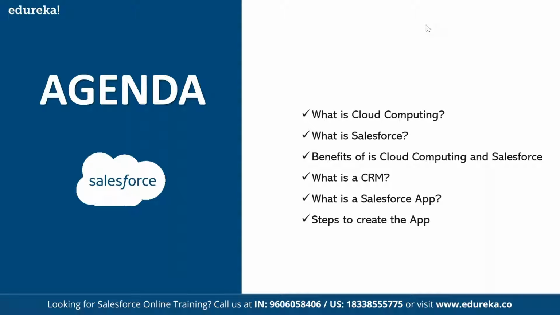This is how a Siebel system would work. The main drawback of an on-premise system is that a lot of time and money has to be invested upfront. When you come across Salesforce, that is an on-demand cloud-based CRM, which is called SFDC, that is, salesforce.com.